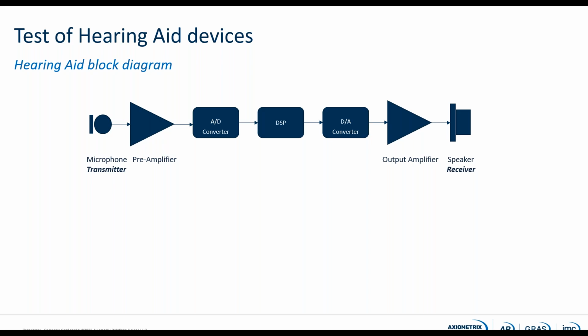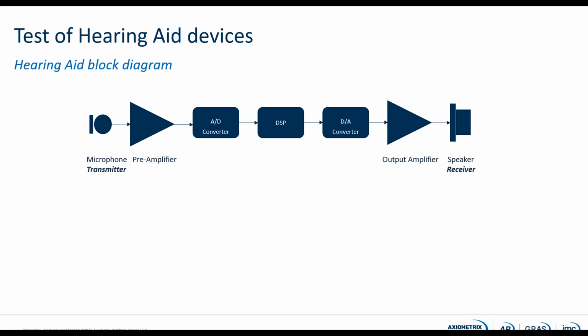If we look at a simple block diagram of a hearing aid, it could look like this, where we have in one end the microphone, or in this industry called the transmitter. Then we have a preamplifier to amplify the microphone signal, and then we go from the analog world to the digital world.